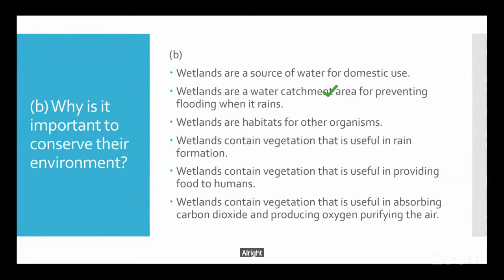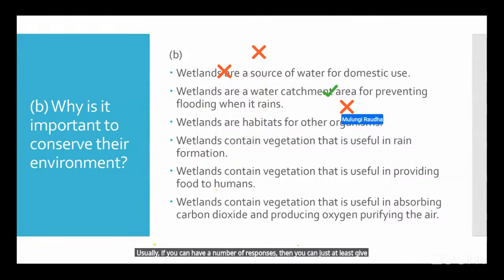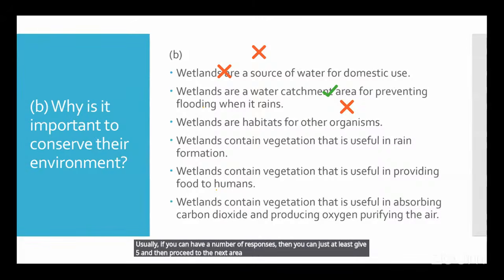So those taking screenshots, please take screenshots. Usually, if you can have a number of responses, then you can just at least give 5 and then proceed to the next area. If you're done, you can come back.